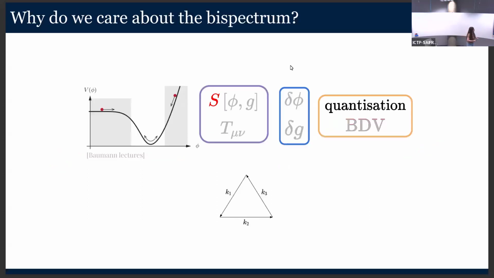Sorry to come back here, just to make this a bit more clear. If you're interested in constraining primordial non-Gaussianities that peak in this squeezed configuration, you would like to measure a lot of these triangles in your survey. So you need to measure a very tiny k3, which means that you have two small scales correlated with this long wavelength perturbation, okay, because this is the inverse of the distance.